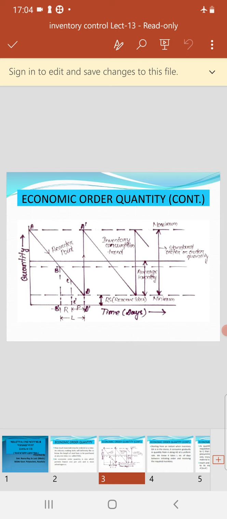At the starting time, the highest amount of quantity, that is OA, is already in hand, and from the market demand we have decided that once the order is placed it will take some time.